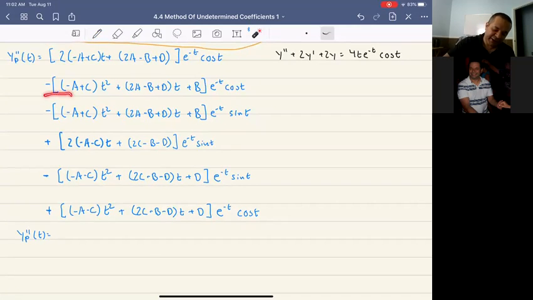See, plus a minus a cancels, minus c minus c, minus 2c t squared cosine of t. Oh, they all have e to the negative t. Everything is going to have e to the negative t, so I'm just going to keep that until the end.